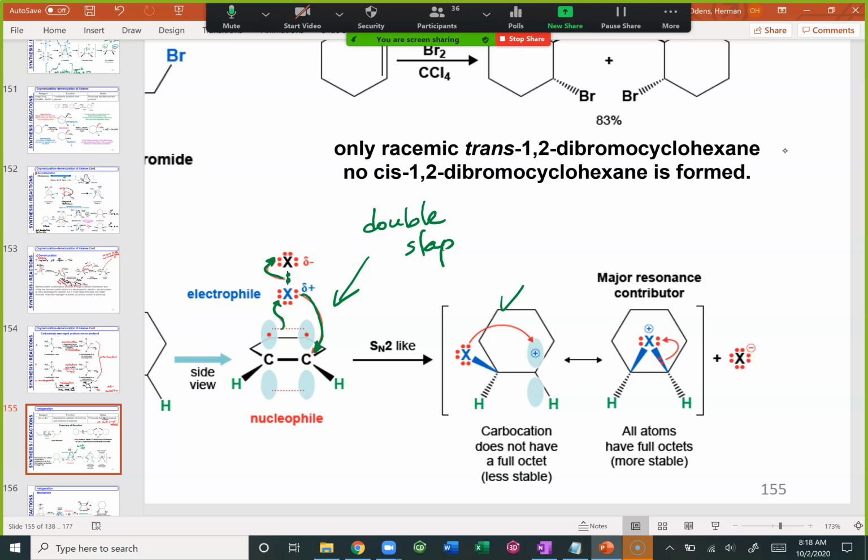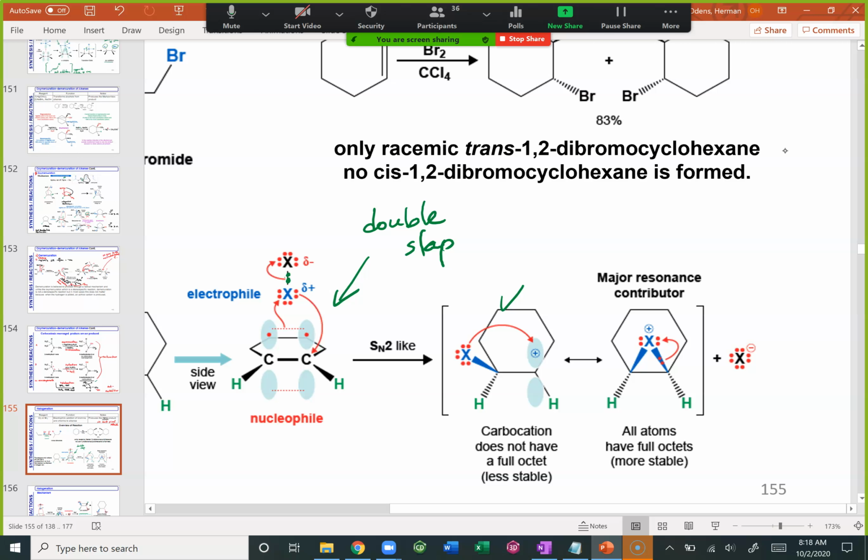2 electrons from the double bond attack the halogen. It breaks off one of the halogens, and then now it has 6 electrons. Then two of those 6 electrons slap it back and return the favor to the alkene.